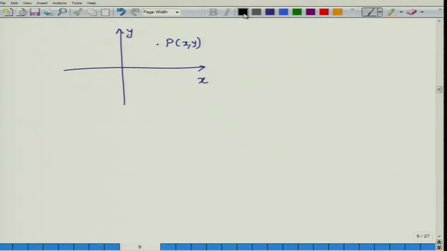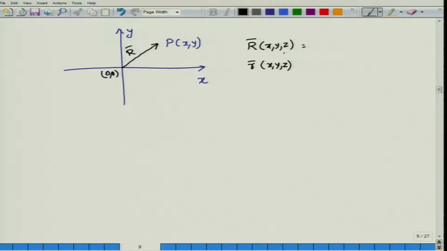This special vector will start at the origin, or the reference point with 0 and 0 as the coordinates that we have chosen, and then when you extend the line from the origin to the point P with an arrow at point P, then this special vector becomes what is called the position vector. These position vectors are described by either capital R or small r with a bar on top of it, and this position vector is of course a function of x, y and z.